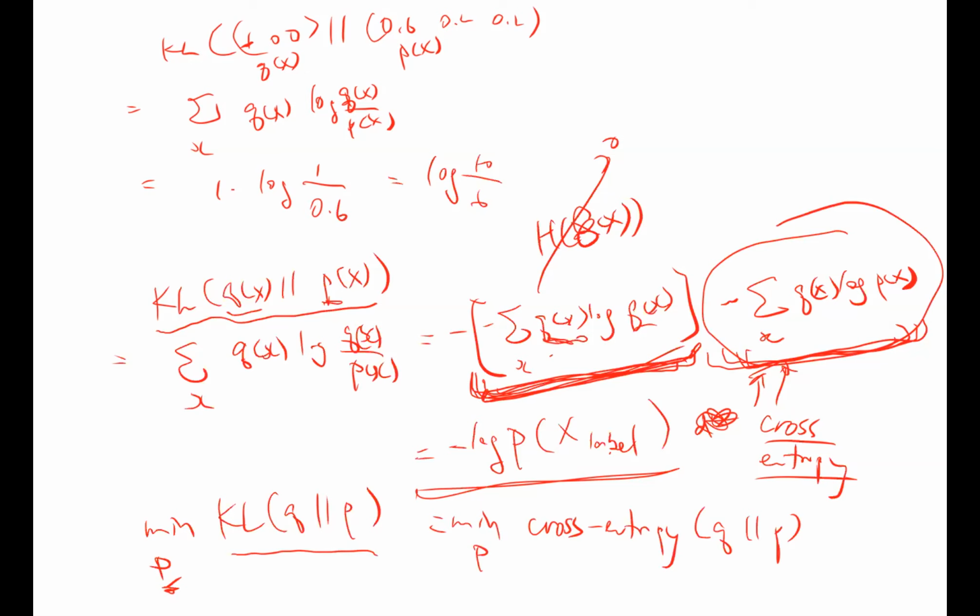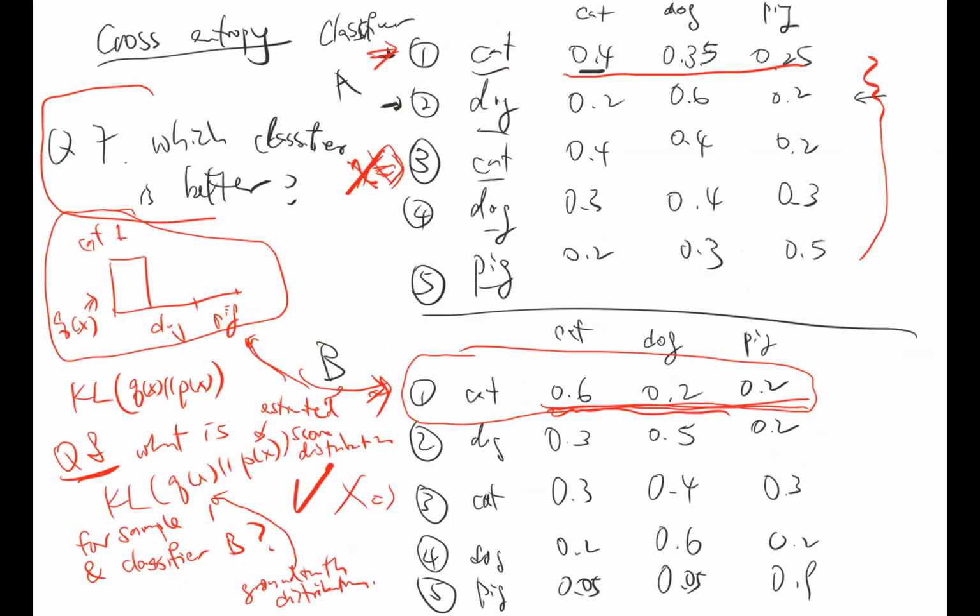And that cross-entropy is just this guy here. So by the way, it shouldn't be too hard to come back to this question and decide which one is better, right? It should be pretty quick to compute. Can you guys just compute that?